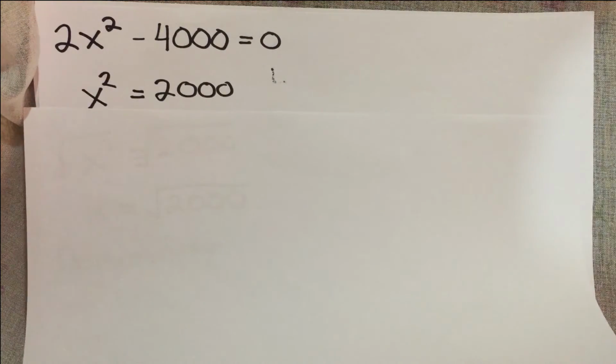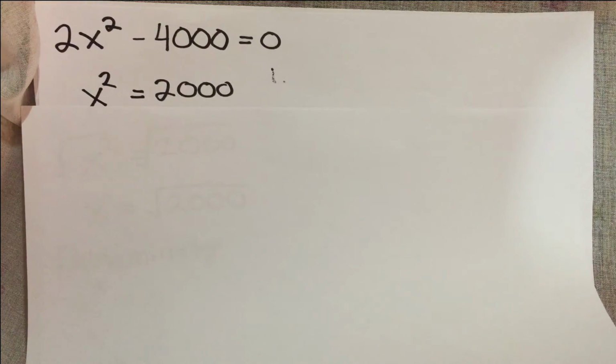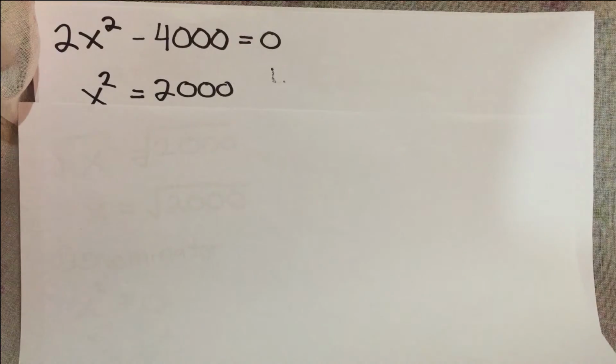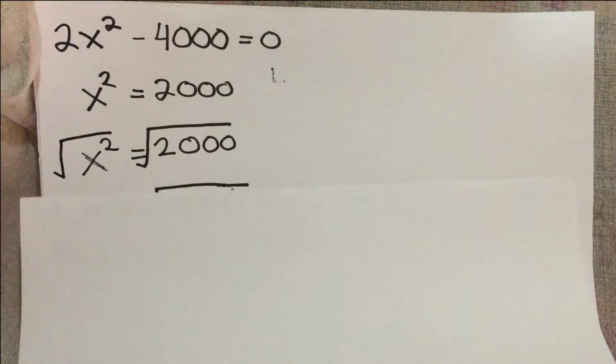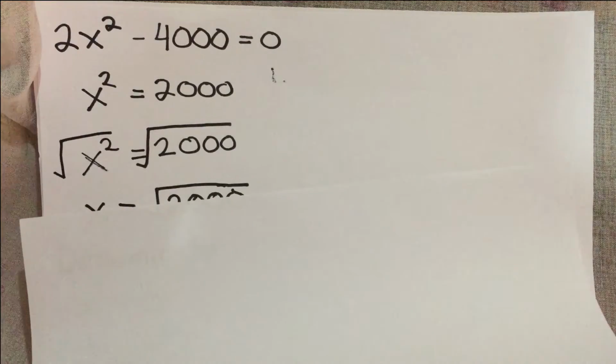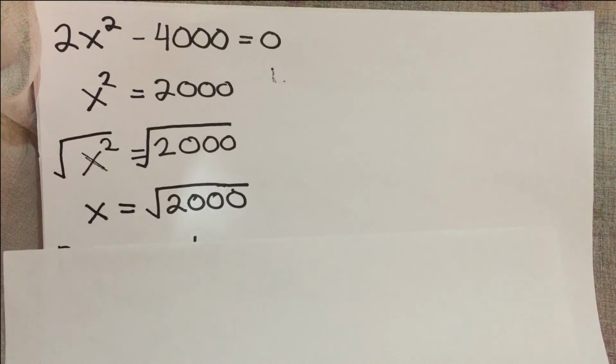We divide both sides by 2, so we get x squared equals 2000, and we transpose 2000 to the other side so it becomes positive 2000. So we take the square root, so x is equal to the square root of 2000.